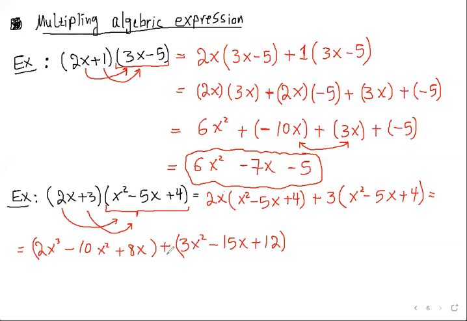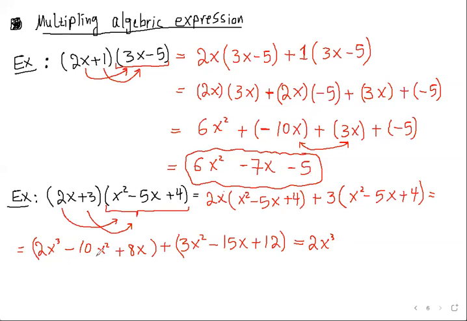Now, polynomial plus polynomial. What is the answer? Like before, we group terms. 2x to the power 3 is alone. We don't have any other variable to the power 3, so we keep it alone, right? Then what do we have to do?